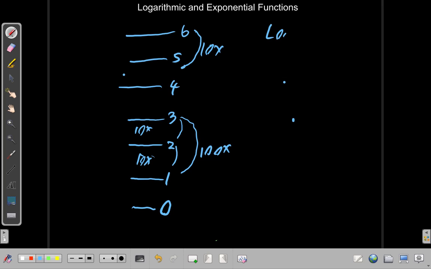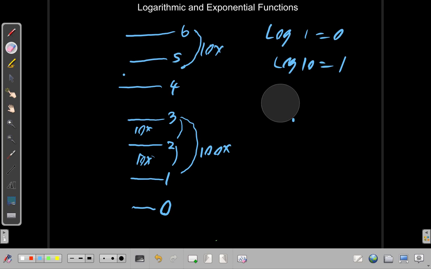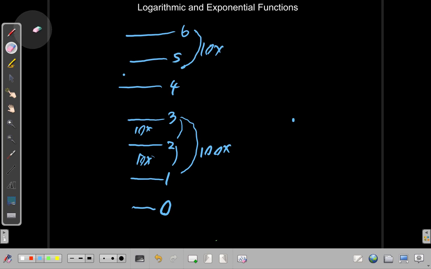So log 1 is 0, log 10 is 1, let me write it going upwards like this scale that we have here. We cannot have a log 0.